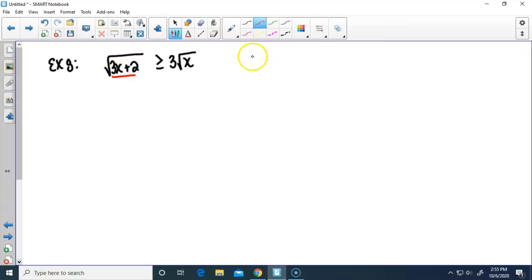So we've got 3x plus 2. 3x plus 2 must be greater than or equal to 0, which tells us that 3x is greater than or equal to negative 2, and that means x is greater than or equal to negative 2/3. We also have this x right here, so that tells us x has to be greater than or equal to 0 also.